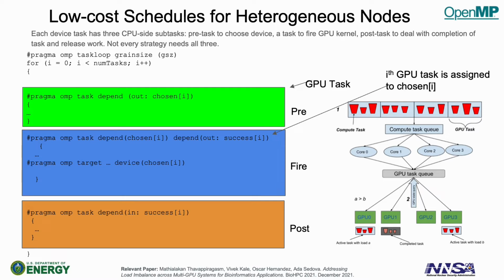And this helps to reduce some overhead in terms of having to handle different thread contexts. And this is one way to get low cost. And we also can do other adaptive load balancing schemes. We did this study through the paper shown here on addressing load imbalance across multi-GPU systems, and we focused on bioinformatics applications.